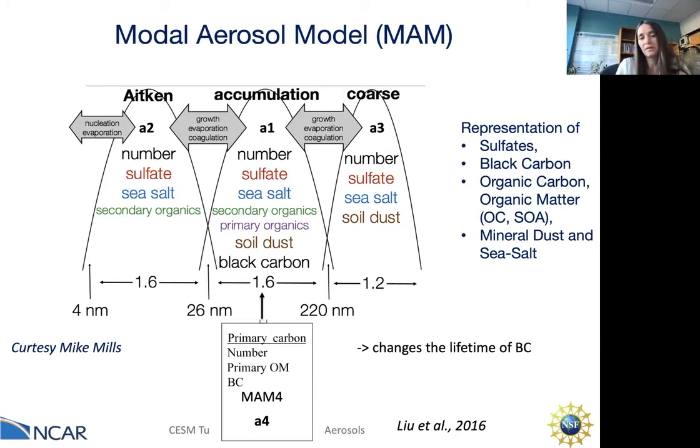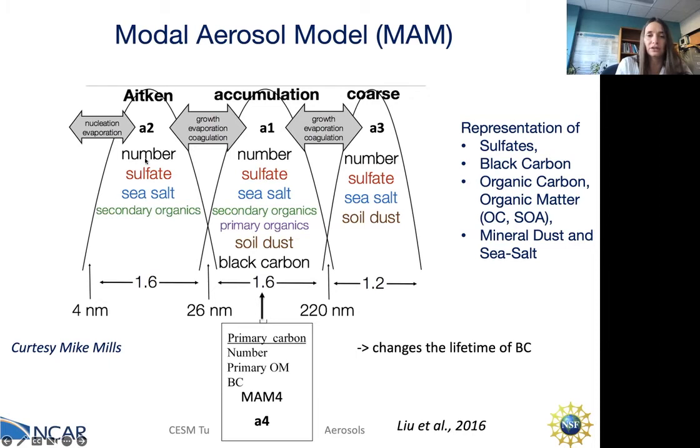So instead of having a complicated description of all the sizes of the aerosols, this is a fairly cheap way to be able to describe aerosols in a reasonable way. This includes, though, all the aerosol microphysics, in some part nucleation, but certainly coagulation and other processes and sedimentation that are needed to describe the life cycle of the aerosols.